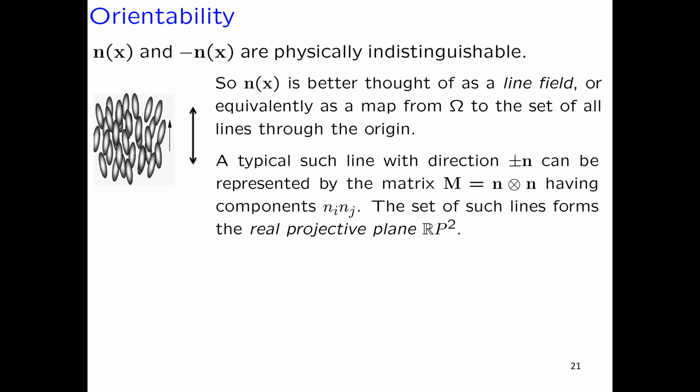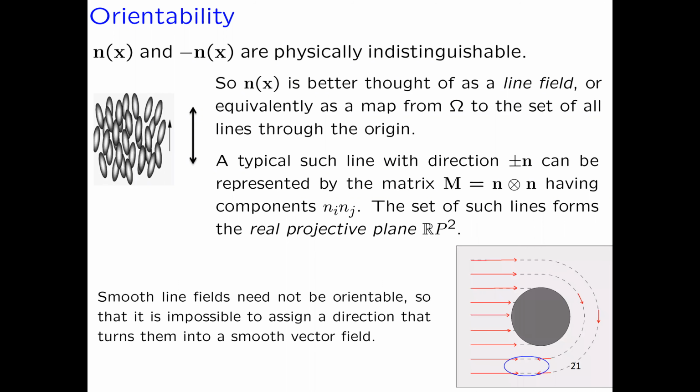And the set of all such lines forms what's called the real projective plane, RP2. Now, smooth line fields need not be orientable. In other words, you can have a smooth line field such that it's impossible to assign a direction that turns them into a smooth vector field.